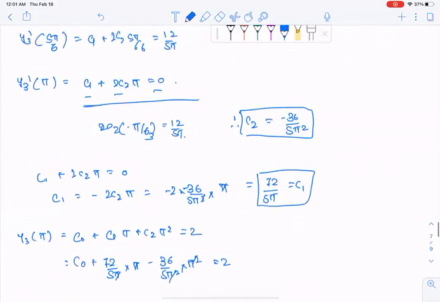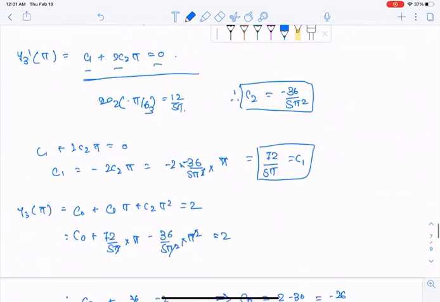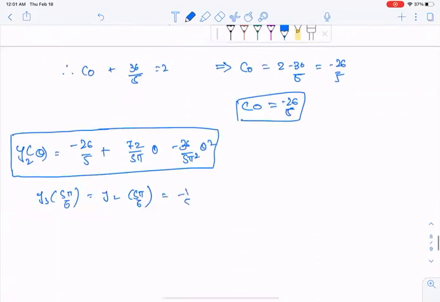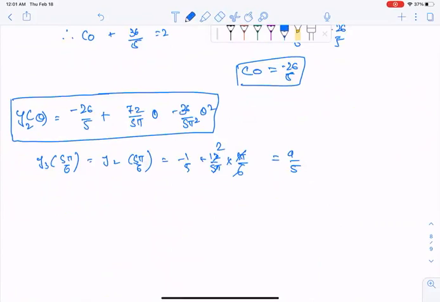Let me check the value of y2. So that is minus 1 by 5 plus 12 upon 5 pi into 5 pi by 6, so that is 9 by 5. So the same value I should get from the expression of y3 also.